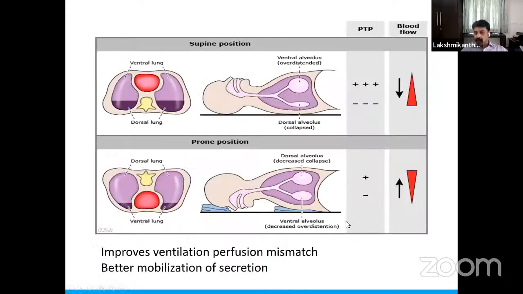This again causes an improvement. Also, the transpulmonary pressure, the pressure change between the anterior and the posterior part of the lungs, was very high in the supine position and becomes less in prone position, and the amount of blood going to the more ventilated lung is going to be high.